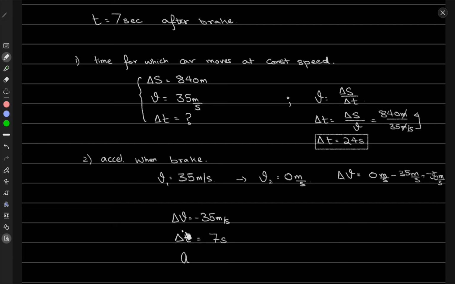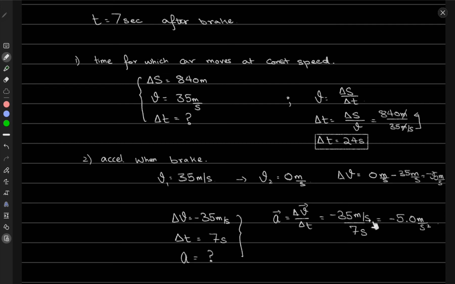So this means that I want to calculate the acceleration. The equation that relates all of these is acceleration is delta V by delta T. So delta V is minus 35 meters per second, while delta T is 7 seconds. So this becomes, if I do the math, minus 5.0 meters per second, so that's meters per second squared.